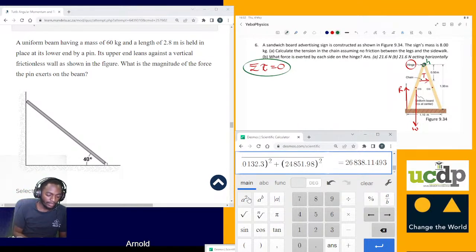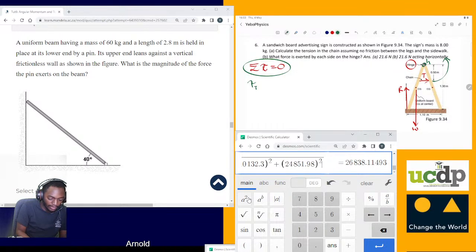Taking that hinge to be a pivot, tension T is going to move towards the right there, which means this is going to swing in this direction, and that is anti-clockwise, meaning it's going to be positive. So the torque due to the tension is positive.